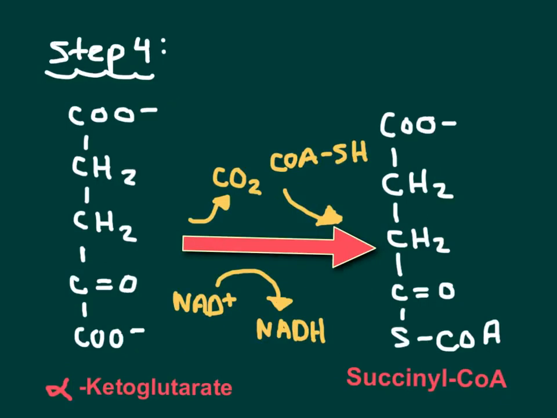In the fourth step of the Krebs cycle, alpha-ketoglutarate, seen on the left, forms succinyl-CoA by binding with coenzyme A. To complete this process, alpha-ketoglutarate must also be oxidized by NAD+, which is reduced to NADH. CO2 is removed as waste.